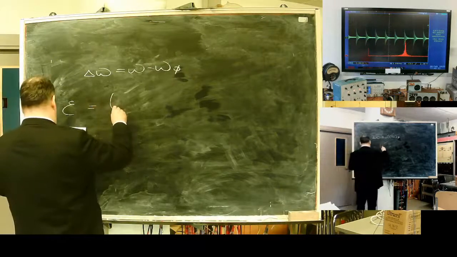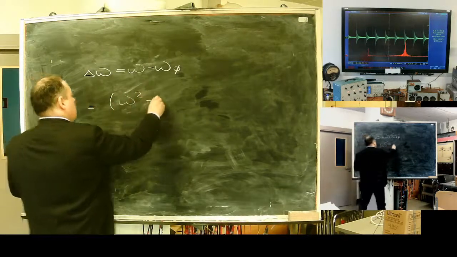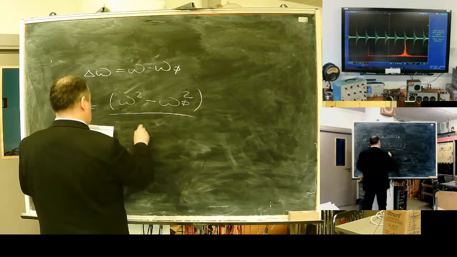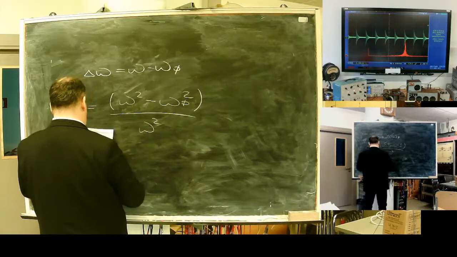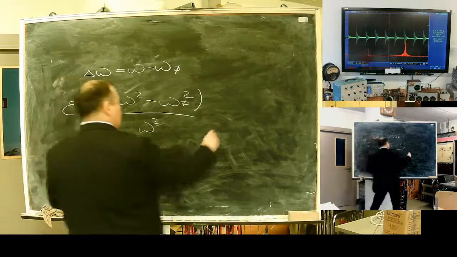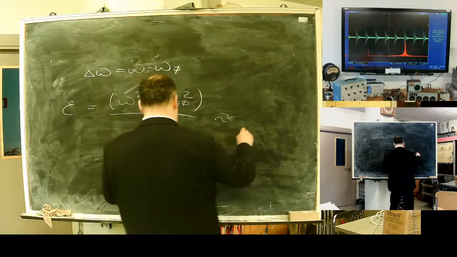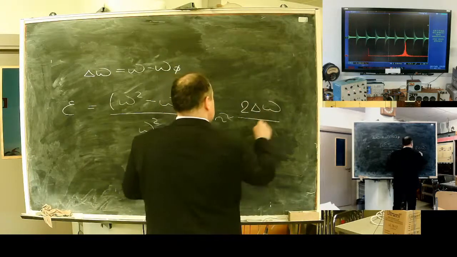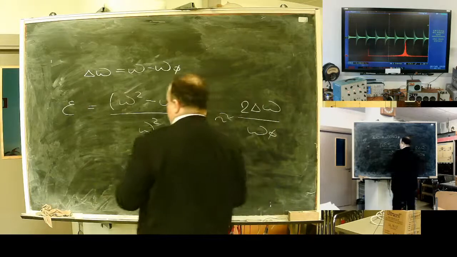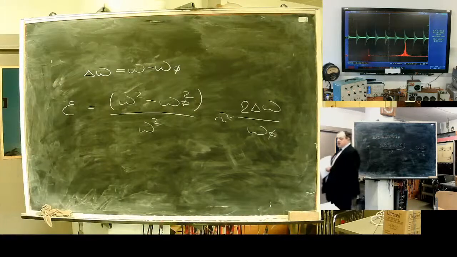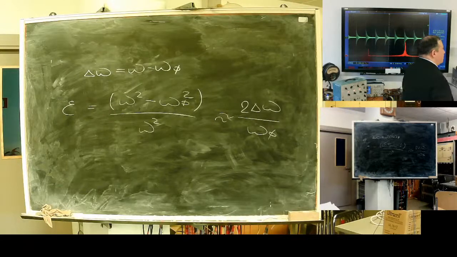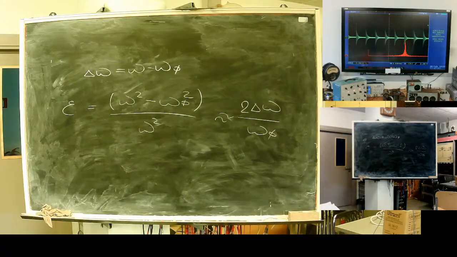It's omega square minus omega 0 square divided by omega square. Or approximately double frequency deviation divided by omega 0. Such relative deviation is useful when we need to compare networks in their, let's say, quality.